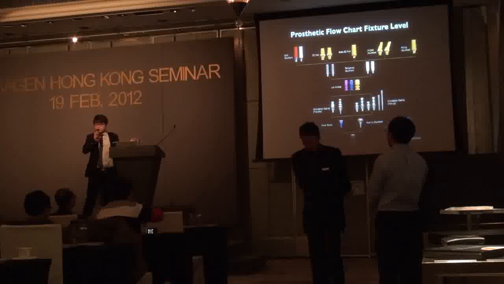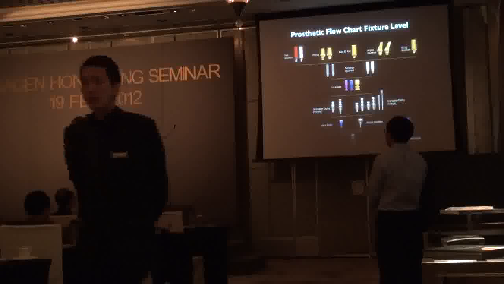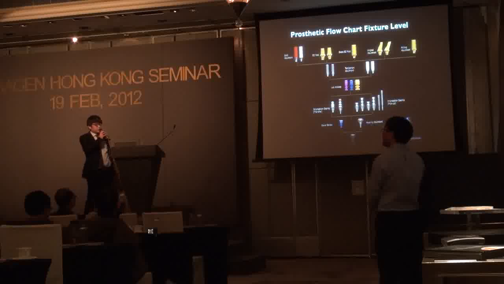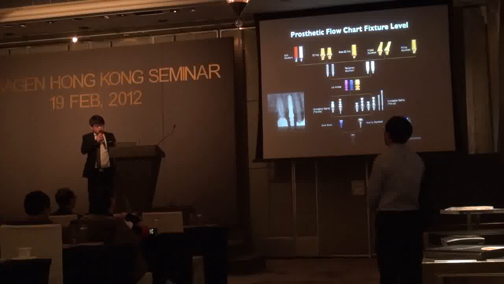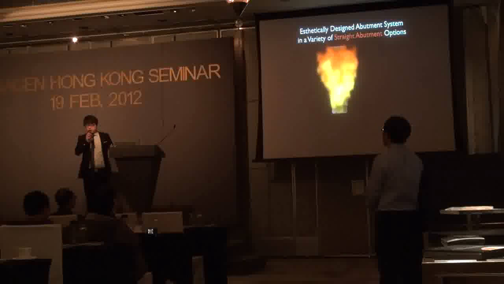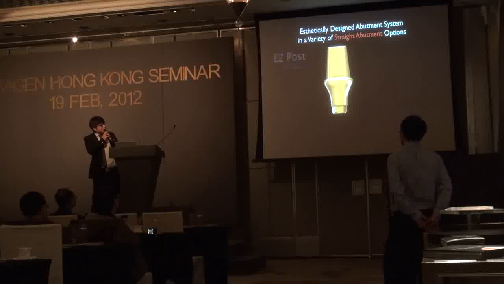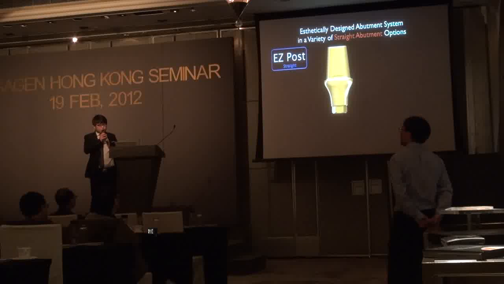These are just conventional options like the UCLA gold abutment, the two-piece abutment, the solid abutment, which is one piece, and the angled abutment with Enrich. Mostly dentists use the two-piece abutment, which we call Easy Post.